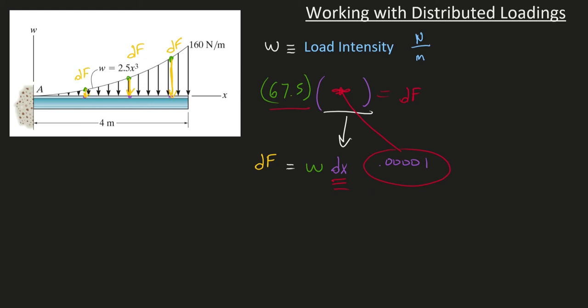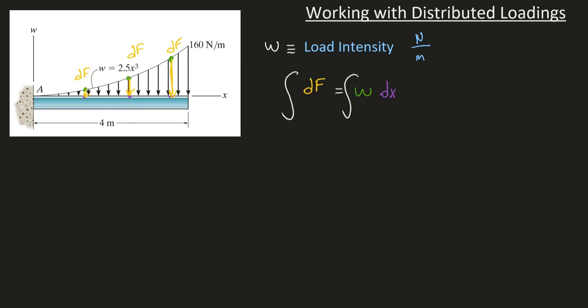So really what I want to do is add up all of these tiny forces using the calculus integral to get the total downwards force from this entire distributed load. In this case, our W is 2.5x cubed dx. We want to add up all of these little forces for all of my dx locations, and we want to start adding up right here basically at x is equal to 0.